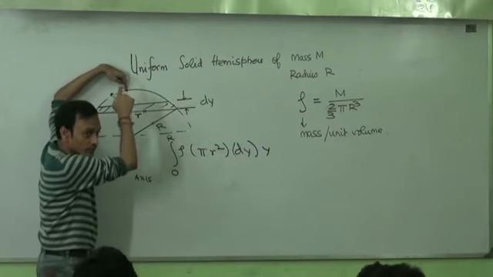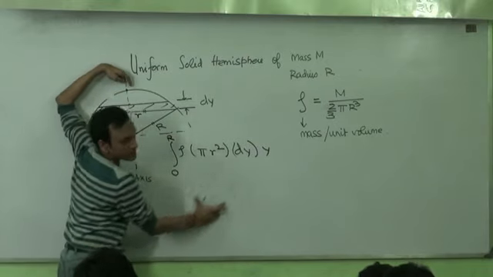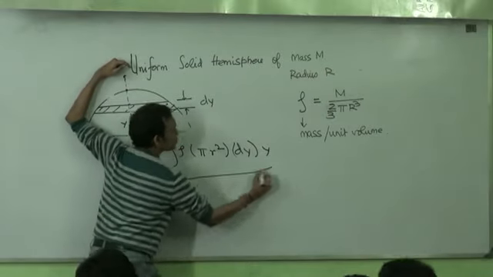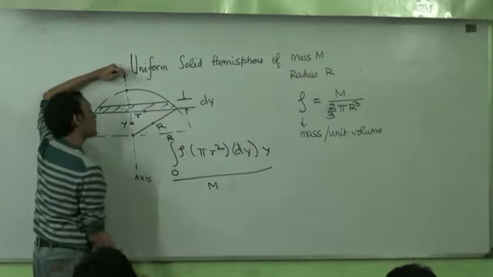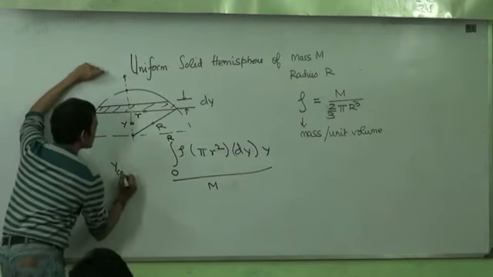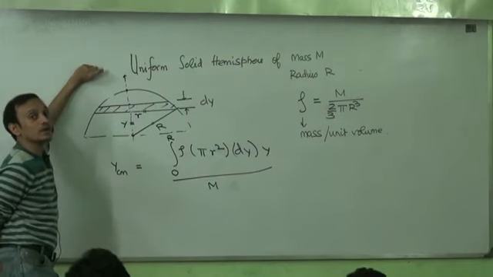Right? Yes or no? So the appropriate summation of the mi yi's could be obtained, divided by the total mass m. That's going to give me the y coordinate of the center of mass of the hemisphere.